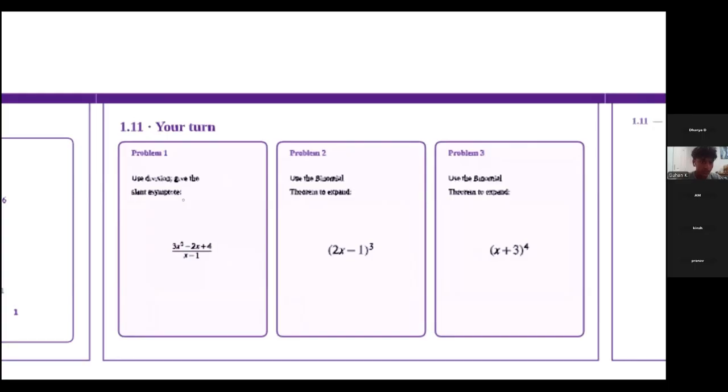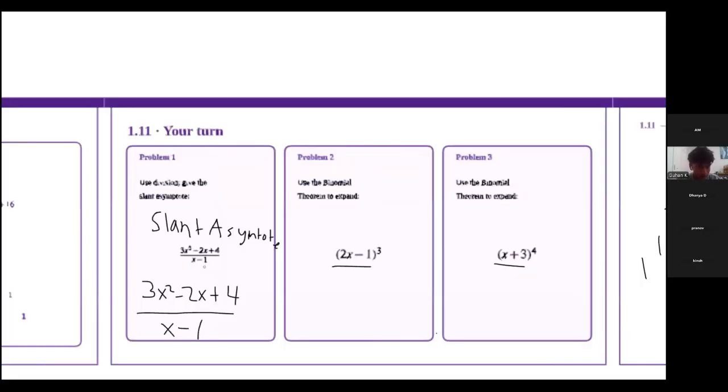So using division, give the slant asymptote. So slant, that's what I'm asking for here. Asymptote. And then over here, just expand these two equations. So I'll give you guys some time to do that.